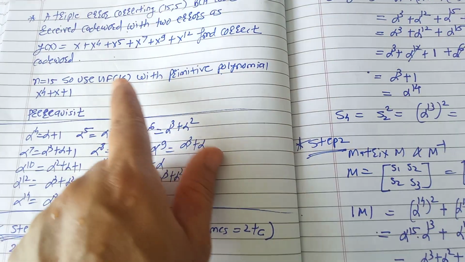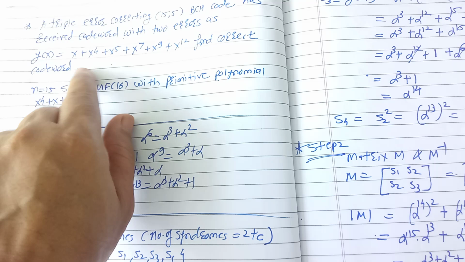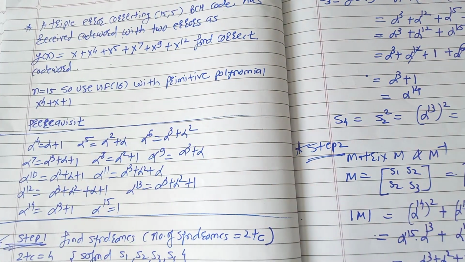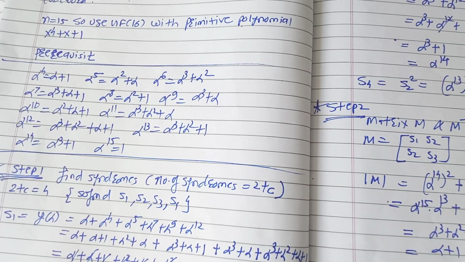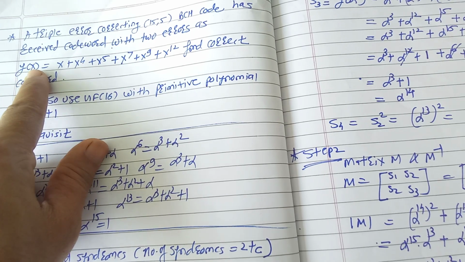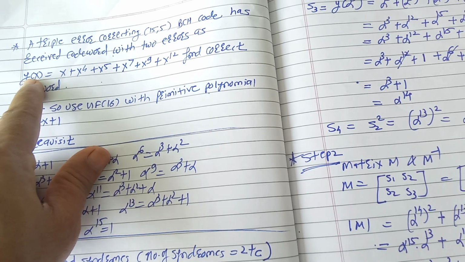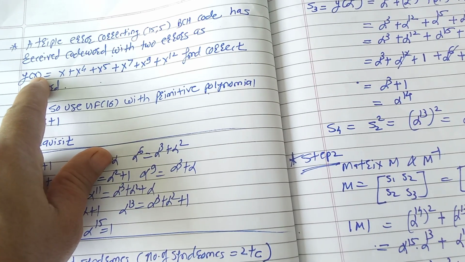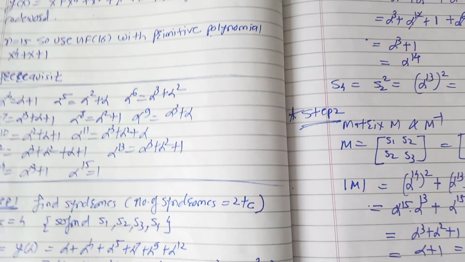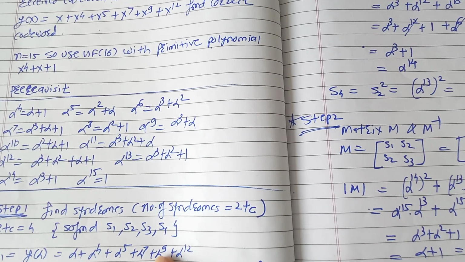So y is this one. Here, instead of x, you have to put alpha. Y of alpha is S1, the received code word y with alpha written instead of x. So S1 is alpha plus alpha 4 plus alpha 5 plus alpha 7 plus alpha 9 plus alpha 12.